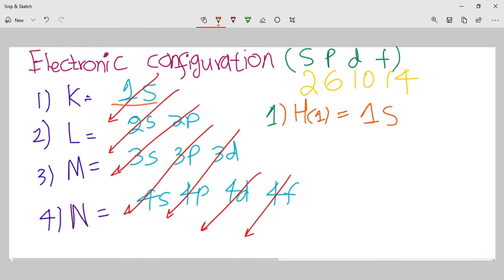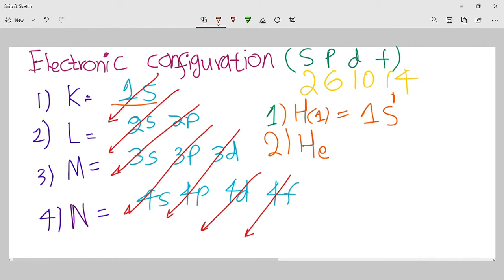We have to plot the electrons here in the superscript. As it has 1 electron, we will put 1 here. This is the electronic configuration of hydrogen. It's quite easy, right?